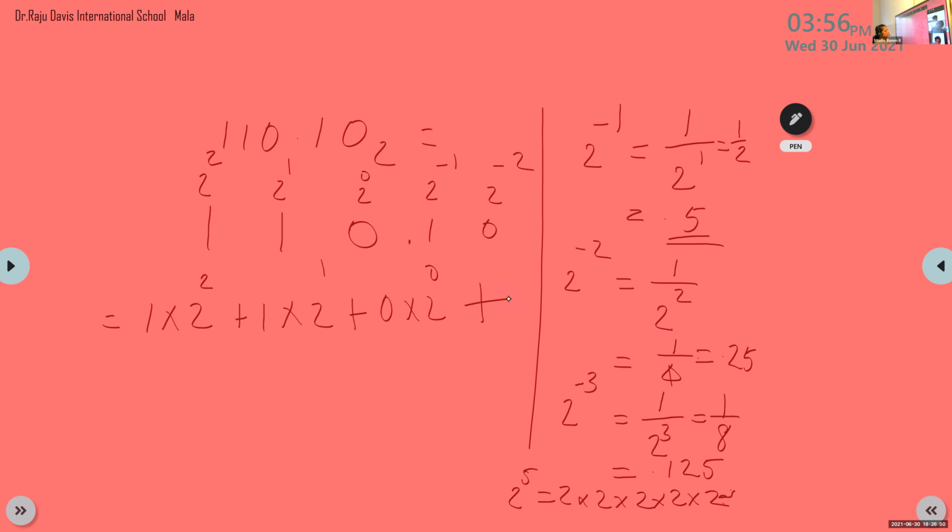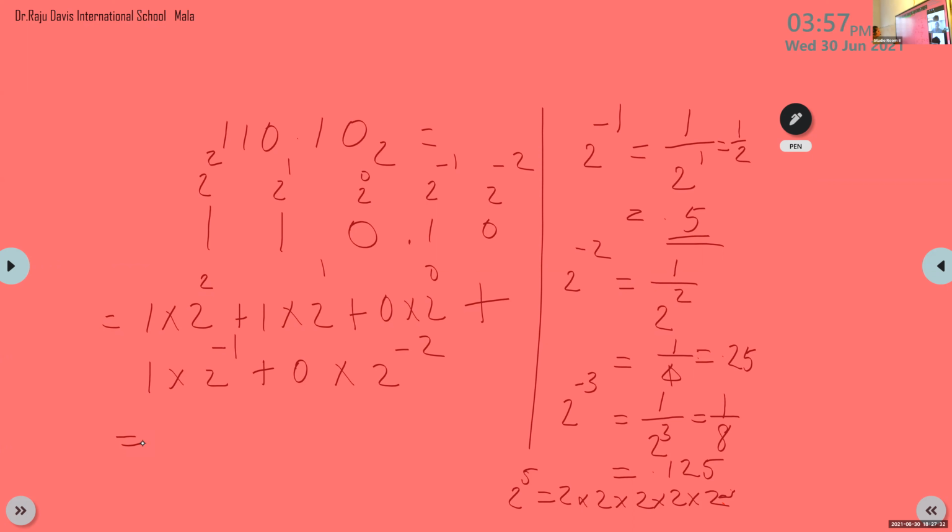Then the next digit is 1, so 1 into 2 raised to minus 1 plus 0 into 2 raised to minus 2.